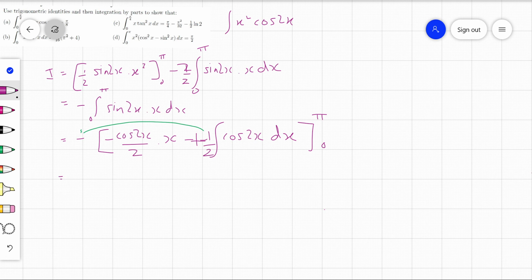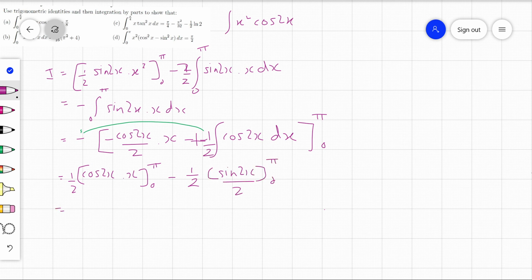So over here, a minus minus is a positive, so I'm going cos 2x times x on 2 between 0 and pi. And I've got minus a half of the integral of cos 2x. Now, if I integrate cos 2x, I know I get sine 2x on 2.